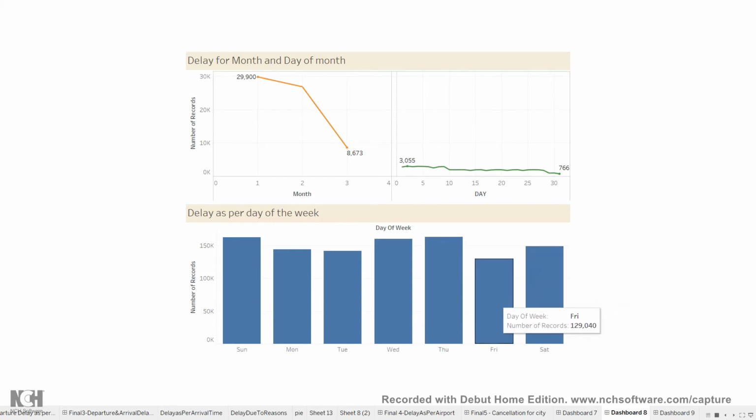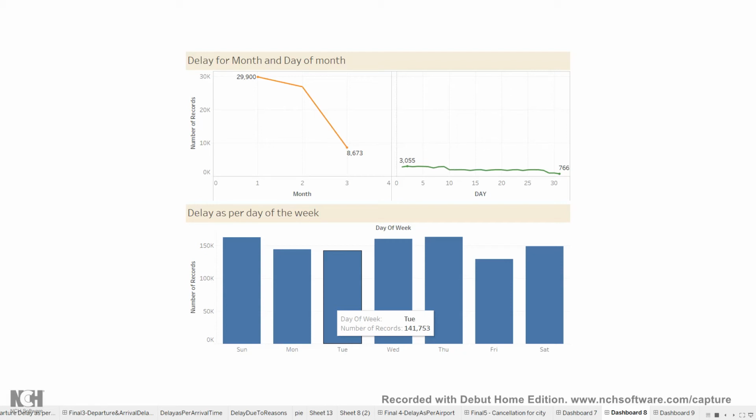We can also know that for Monday, the number is 144,193. Then for Tuesday, it is 141,453.